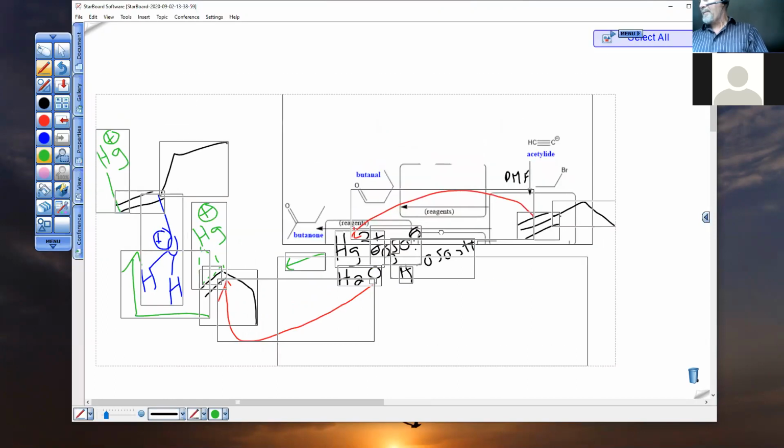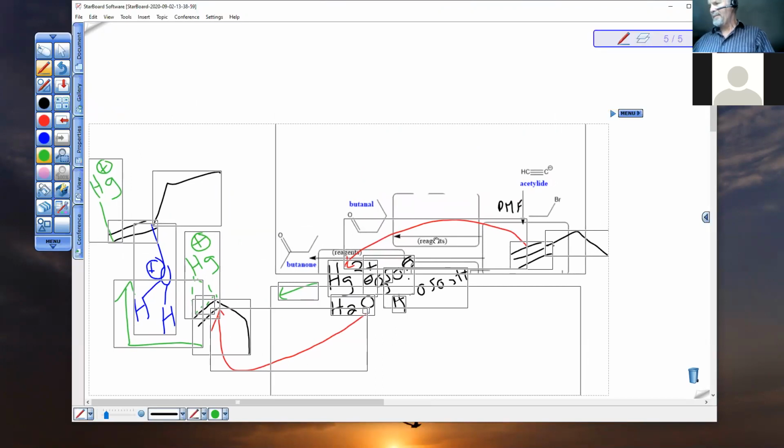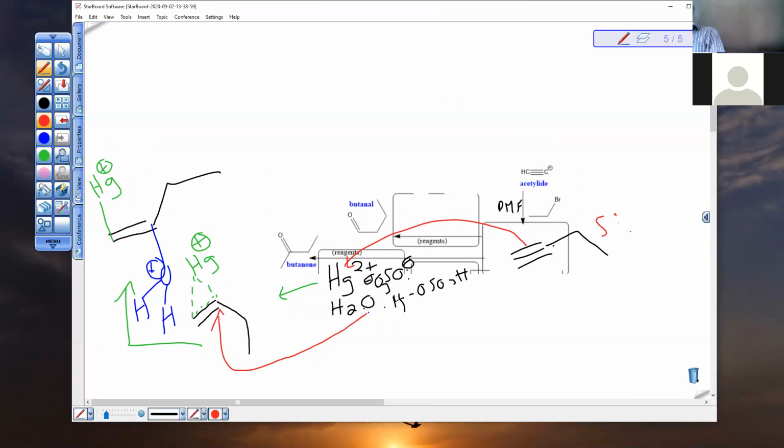We'll do this mechanism in a circle. How's that? In case you're wondering where we started here, and we'll come around to this ketone here. So our best base that we have right now is sulfate ion. And without having arrows cross things, let's just redraw the sulfate ion.